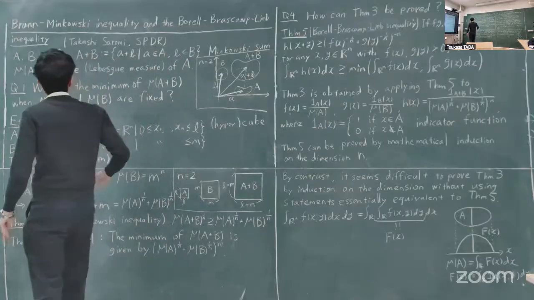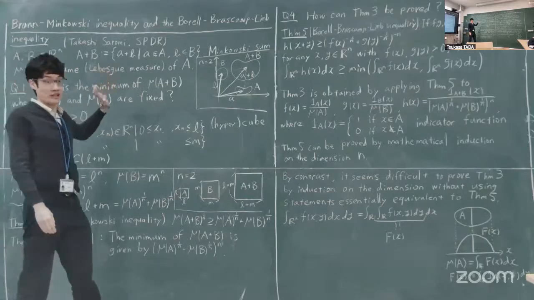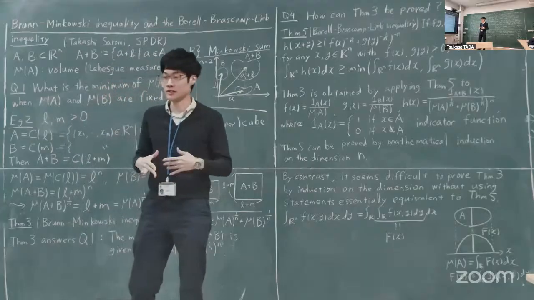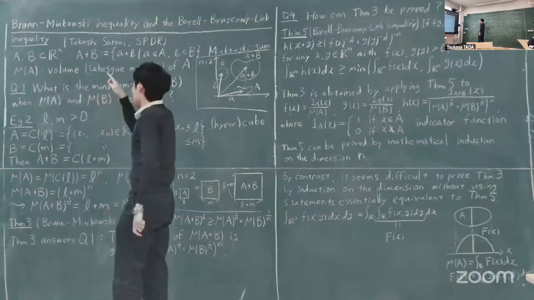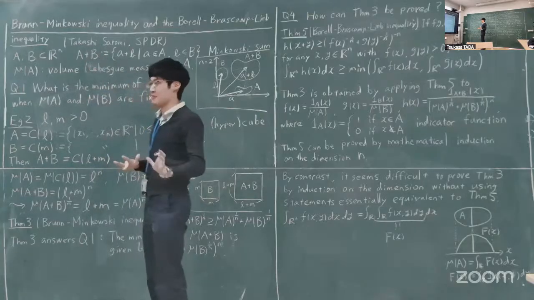In this case, the volume on the Lie groups is the Haar measure, and Lie groups have a product.